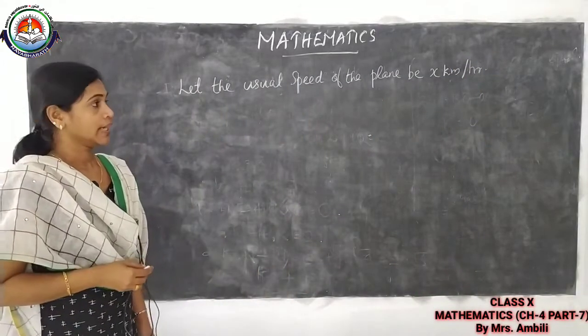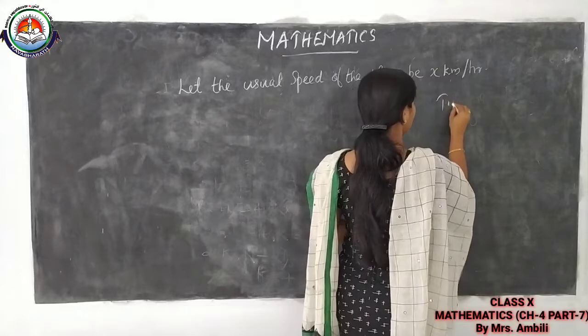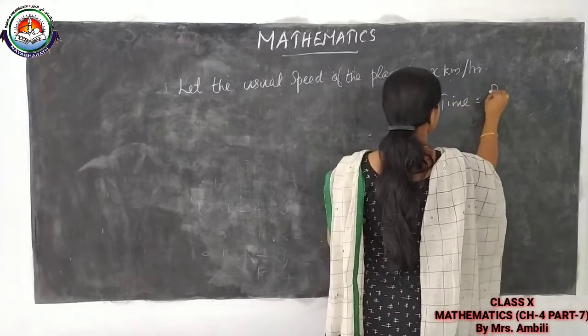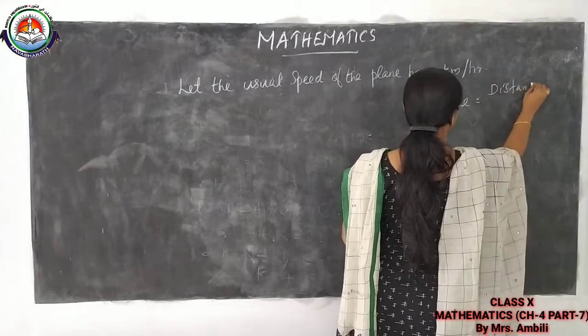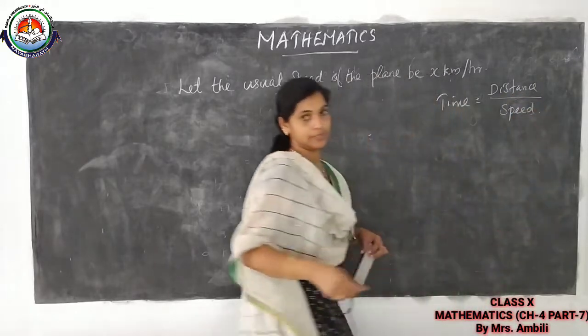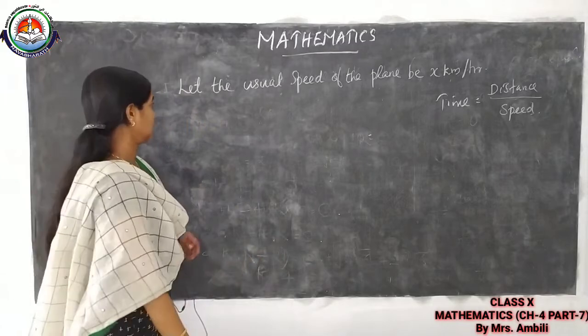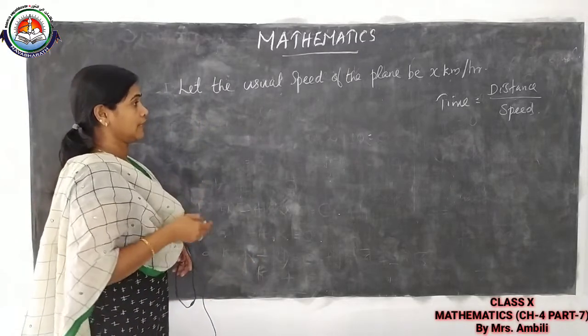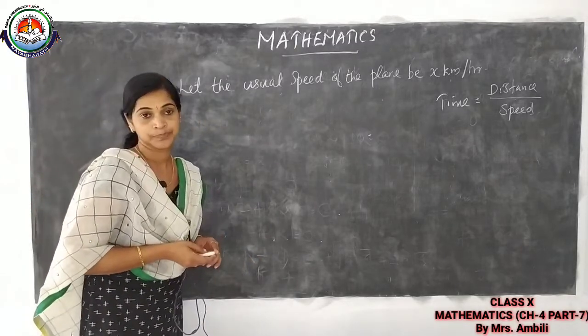Okay. And also we know that time equals distance by speed. So, let the usual speed of the train be x kilometers per hour.